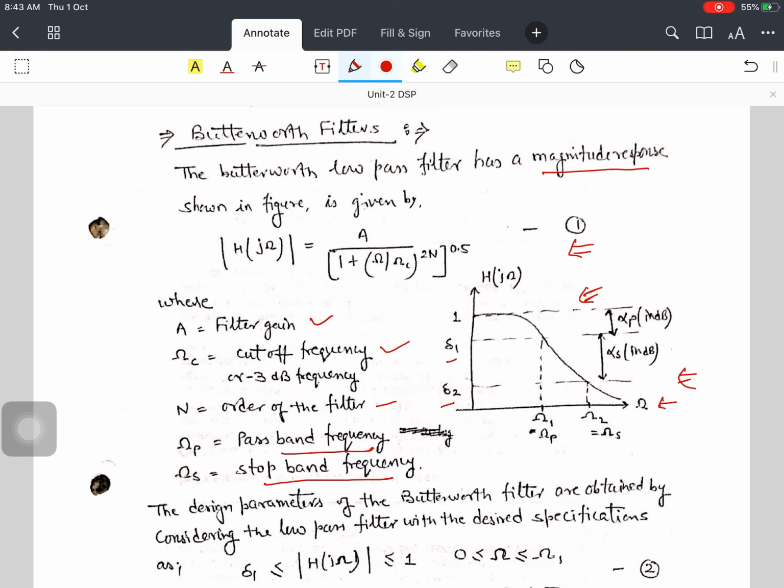Corresponding to del 1 the frequency is Ω1, and the frequency for del 2 is Ω2. These two are analog frequencies, Ω1 and Ω2, corresponding to del 1 and del 2. Sometimes they are also called Ωp and Ωs, that is, the pass band frequency and stop band frequency.